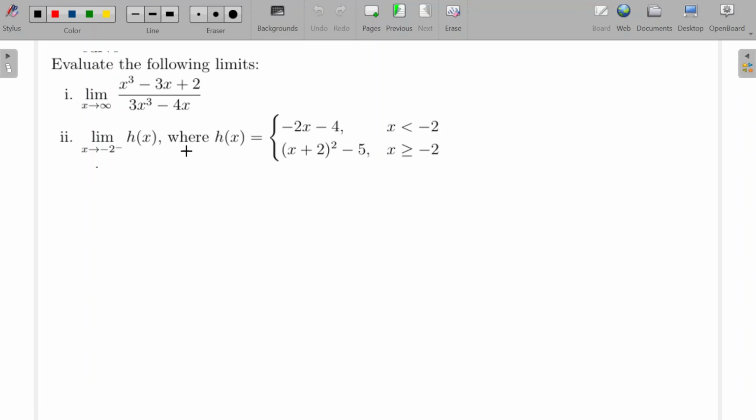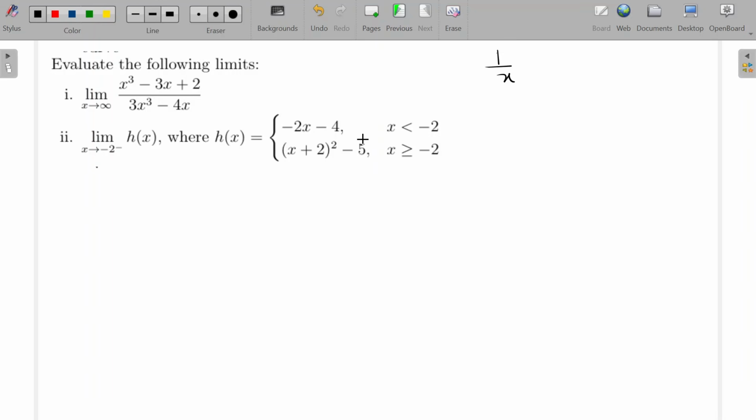Okay, so here, there's a rule which you apply. What is 1 over x?